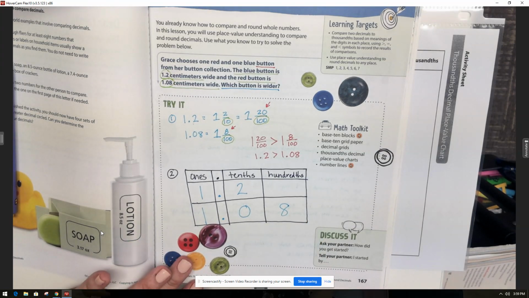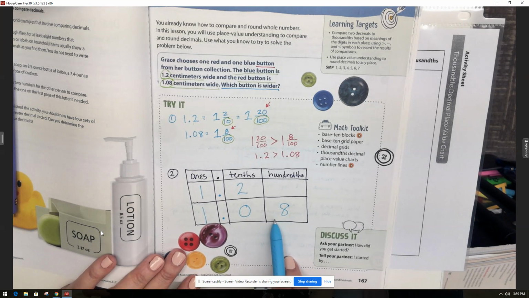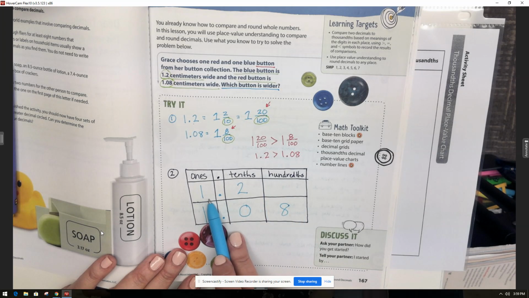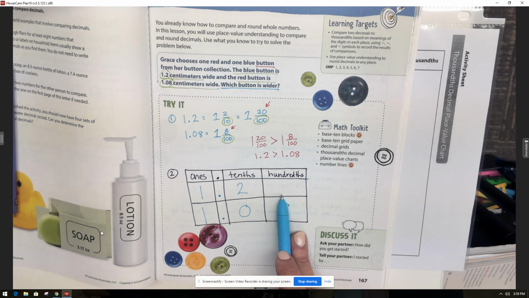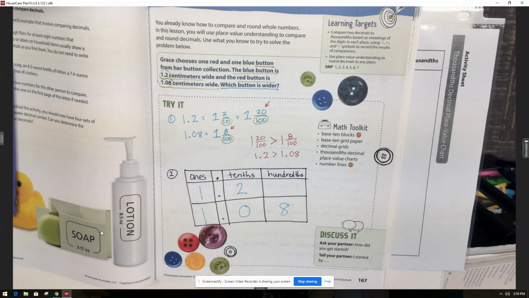Now, if you don't believe me, you can also do a separate method. If you don't want to do it that way, you also can fill in this box here to make this decimal into hundredths, as well as this decimal. What digit can we add that will not change the value of this number, and we often use it to hold a place?